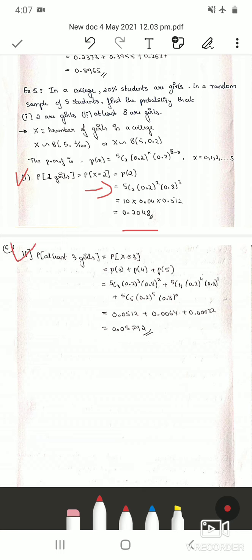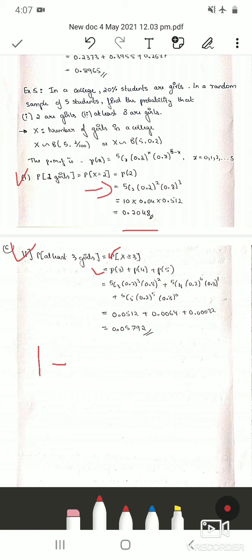So the next question is at least 3 girls. You have to find the probability of getting at least 3 girls among those 5. Since at least is there, we will use the probability of x greater than or equal to 3. So it is nothing but you have to calculate P of 3, P of 4 plus P of 5.